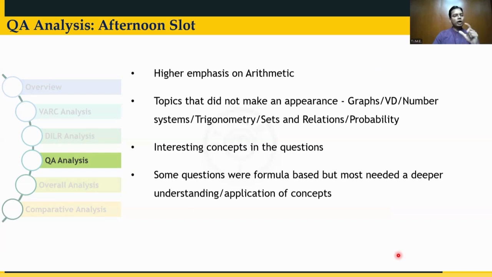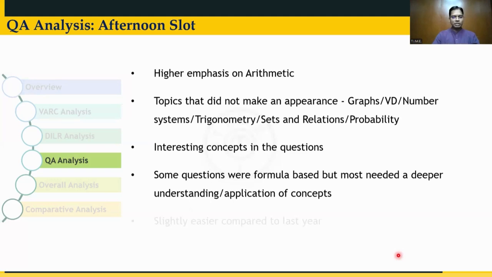And that would have helped you apply the concept. So the question would have been dealing with an elementary concept, but the way it was presented, which again is a hallmark of the way the CAT frames its questions, the way the application of the topic was there, that would have tested the moderate student versus the good student. So this is what we mean by those interesting concepts in questions.